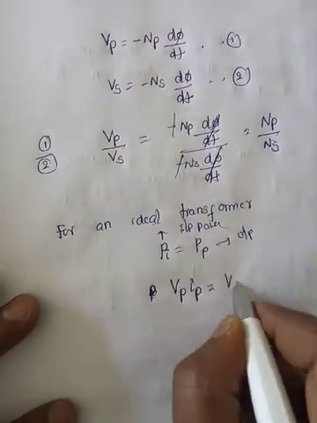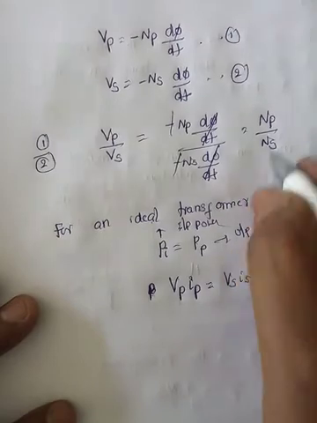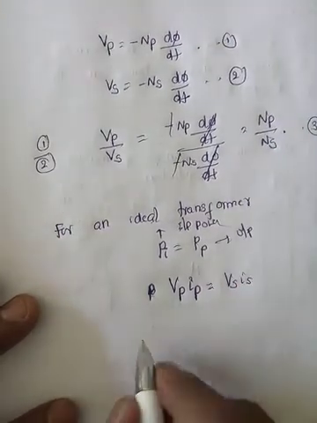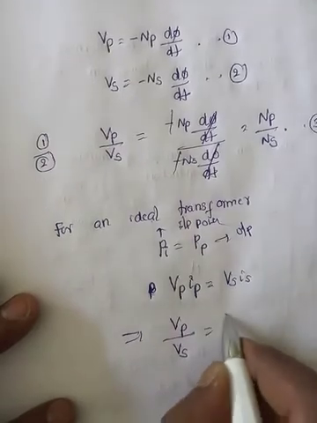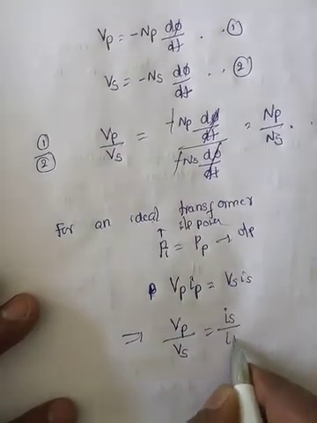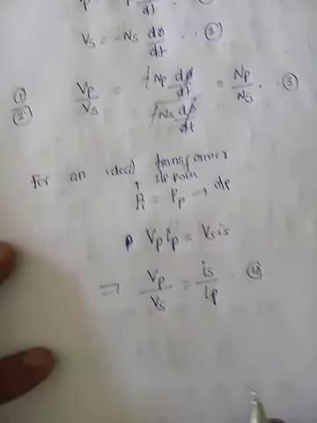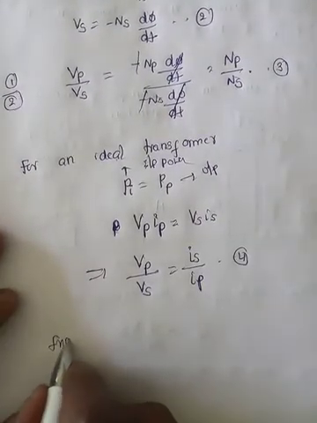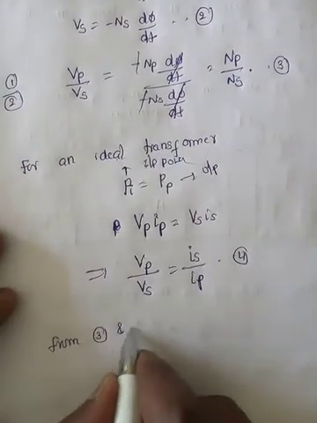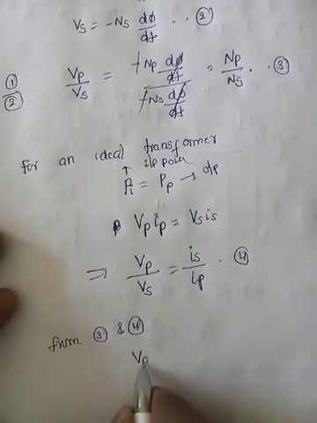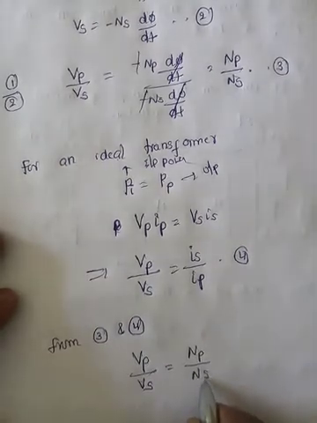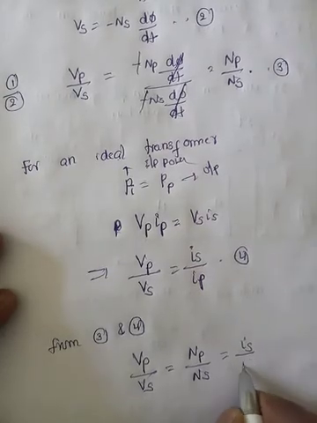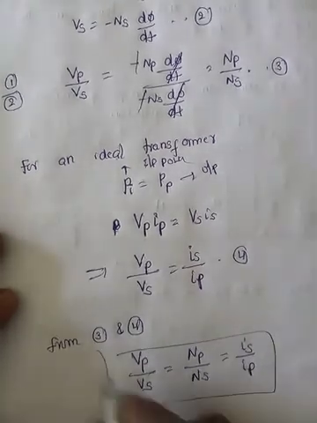What is the output power? Vs into Is. This is equation number 3. From this, what can you write? Vp by Vs is equal to Is by Ip. From 3 and 4, what can you write, ma? Vp by Vs is equal to Np by Ns, which is equal to Is by Ip. So, this is the relation we got.